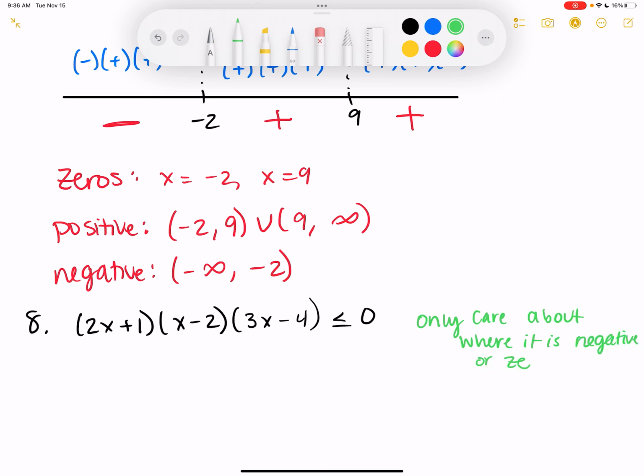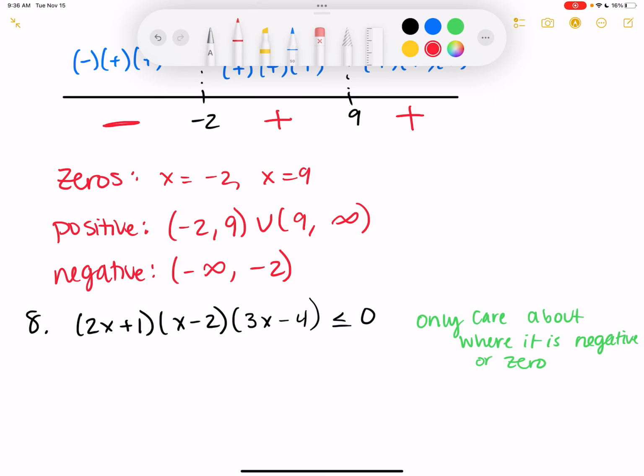With inequalities, you've got to watch what's happening, because that tells you what values you want. Since it's including 0, we would have a bracket instead of a parenthesis for the regions that are negative, because that would be including the zeros. If it was just less than, then it would still be parentheses instead of brackets, because we wouldn't want the zeros.